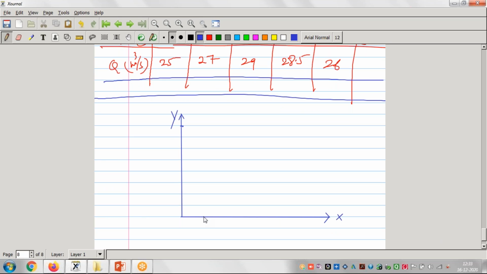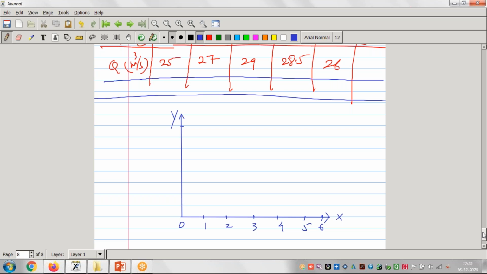So I say this is 0, then 1, then 2, then 3, 4, then 5, then 6. This is 0, this is 1 hour, 2 hour, 3 hour, 4 hour, 5 hour, 6 hour, right? And the discharge given goes from 25 to 29 as the maximum.